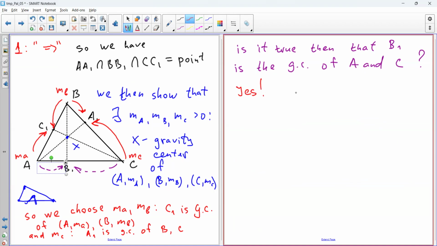then we have the following. Let's consider G, the gravity center of these three weighted points, A with MA, B with MB, C with MC.